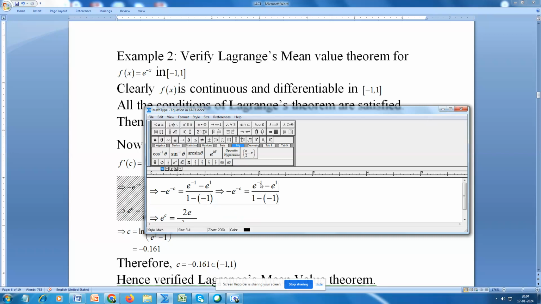e power minus 1 is 1 by e, minus e power 1. So take the LCM: 1 minus e square by e, by 2.